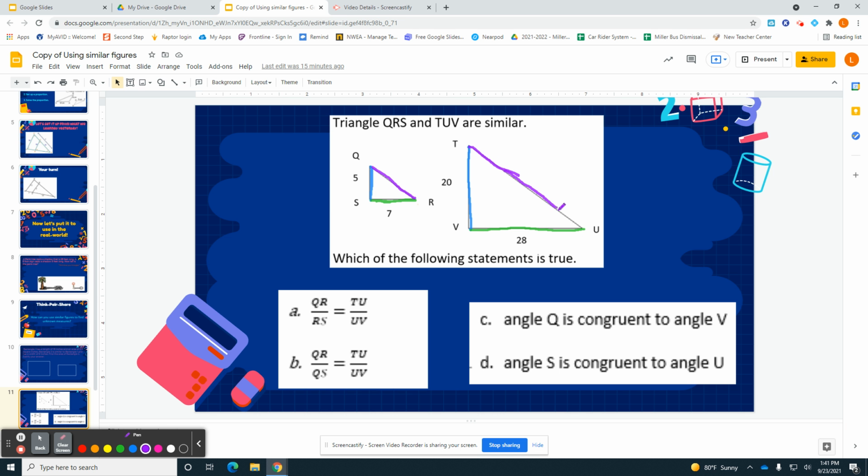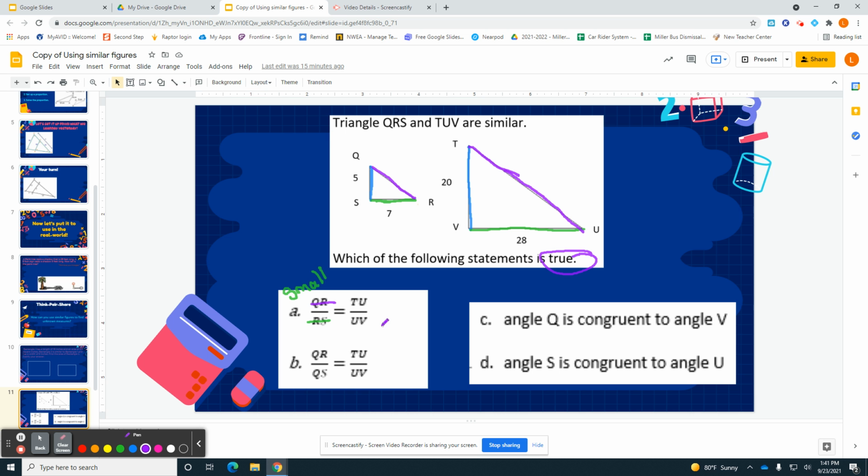So now you want to figure out which statement is true. You're looking for your true statement. So it says QR over RS. QR and RS. So QR is purple. RS is green. Okay, and those are on the same shape, right? That's my small shape. So I know my small is on that side.